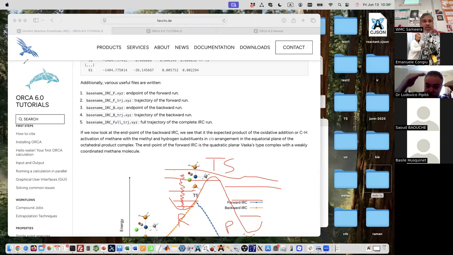In this case, the products are lower, so they're more stable. So the forward reaction has a relatively low barrier than the backward reaction. So the forward reaction would be favorable, and the reaction may not be reversible. If you go this side, you may not be able to come back depending on this height.